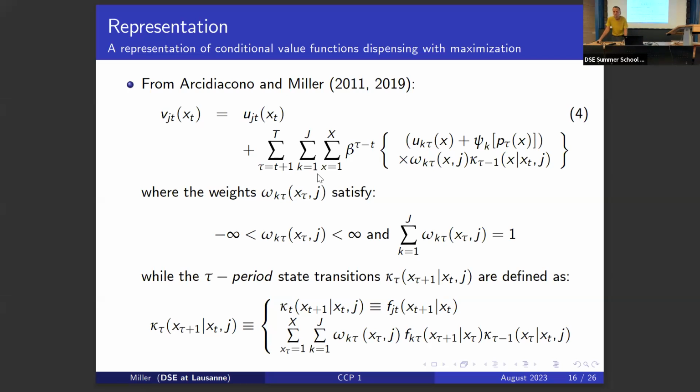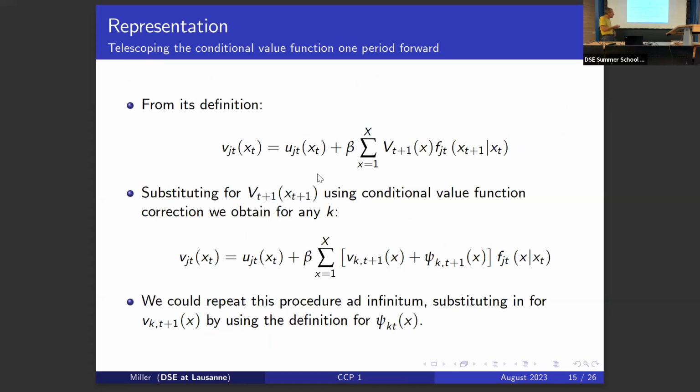Can you clarify what the weights are again? Yeah, sure. Let's go back to this slide. What I did here was that I put in a kth weight. I put a weight of 1 on the kth choice. If I put a weight of a half on the kth choice and a half on the k prime choice, well, then the omega for the k would be a half, and the omega for the k prime would be a half, and all the others would be 0.